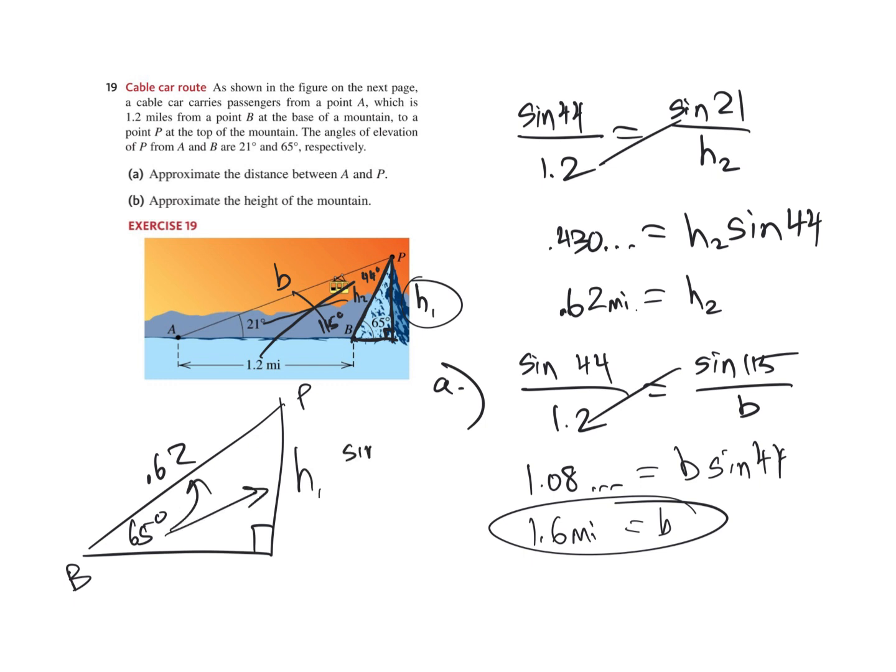That would be the sine of 65. It's the opposite leg over the hypotenuse, 0.62. So to get H sub 1 by itself, we multiply both sides by 0.62. So 0.62 miles times the sine of 65 is 0.56 miles, or 0.6, whatever the book says there.